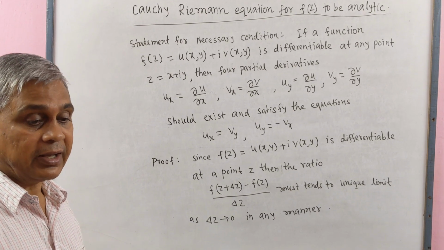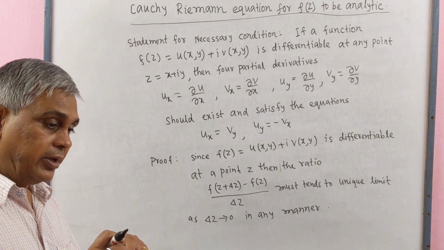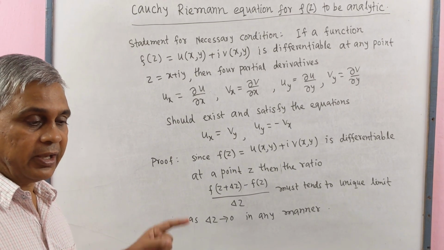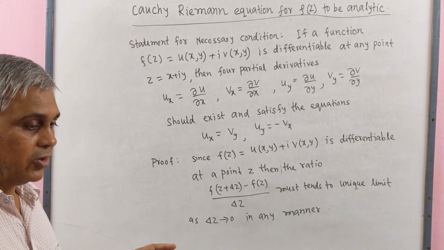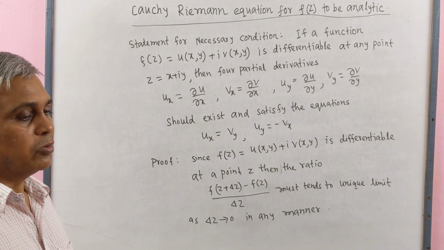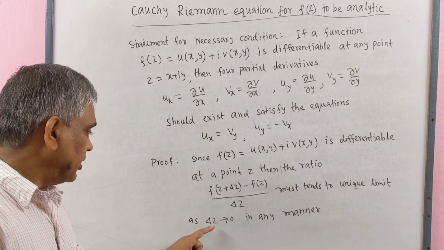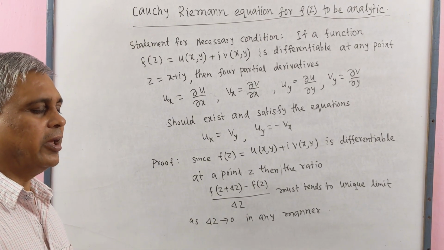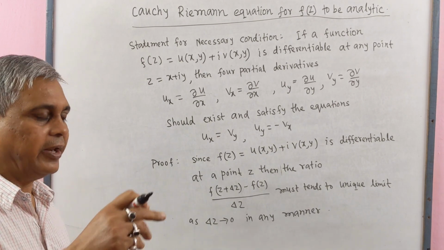In the real case we know that the increment of the variable is along a straight line, that is along the real line, but for complex numbers we may take delta z tends to 0 in any manner, that is in the Argand plane in any direction.